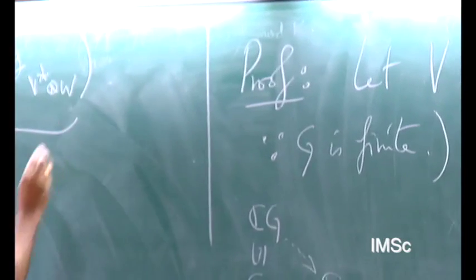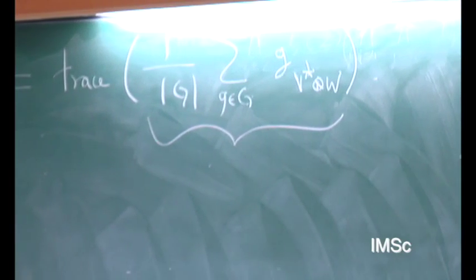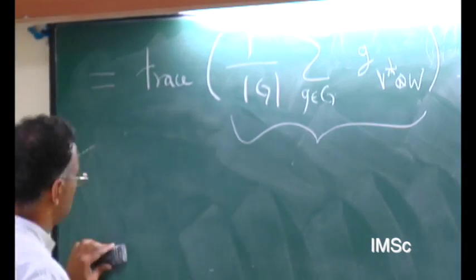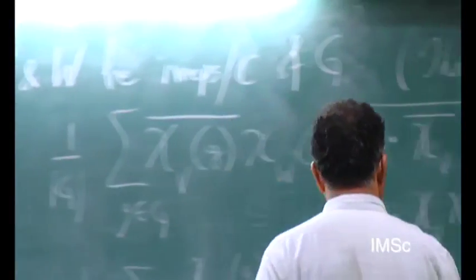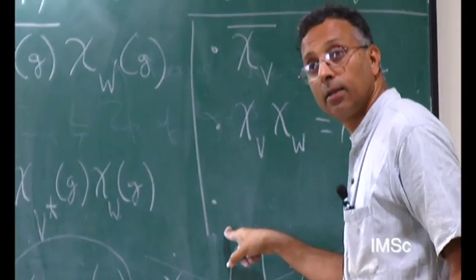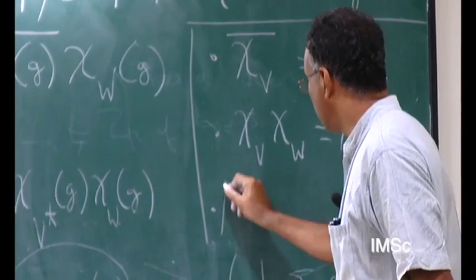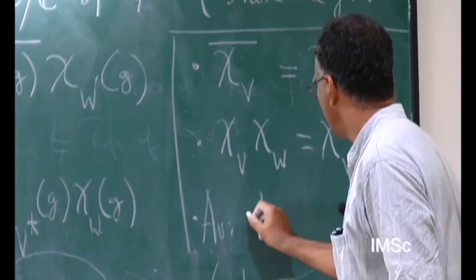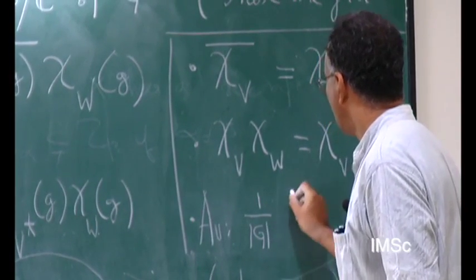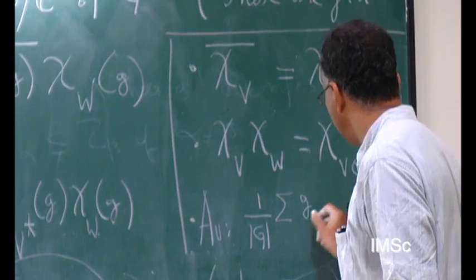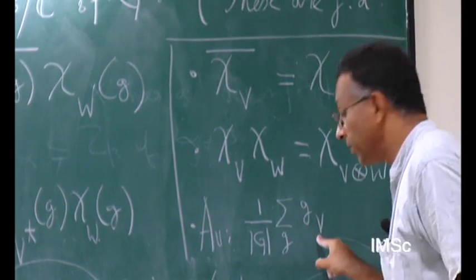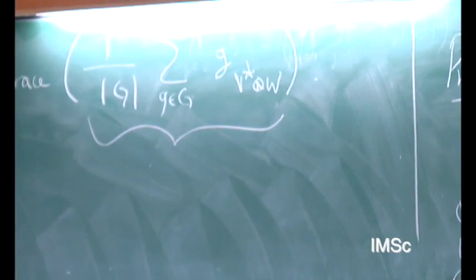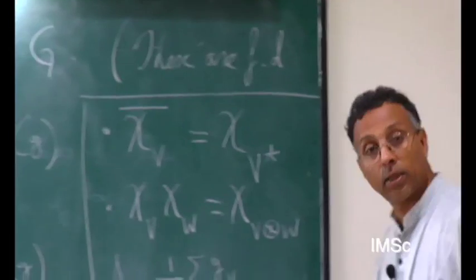What is this? In fact, recall. I'll write it here. This is something we have done. So, averaging. What does it do? If I take 1 over |G| and sum over G of g acting on V, I'll write a V here. We will apply this to V star tensor W, but at the moment I'll write V. What is this?